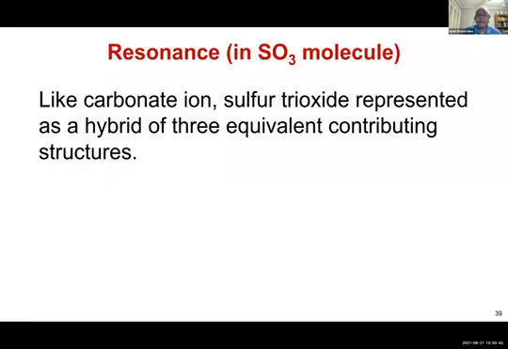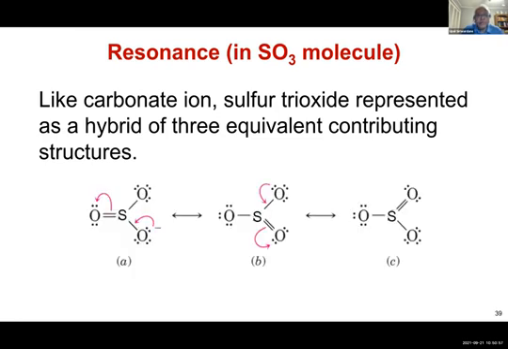Sulfur trioxide molecule, like carbonate ion, has 24 electrons, represented as a resonance hybrid of 3 equivalent contributing structures. When you look at the double arrow and curved arrow, the double bond in structure A is redistributed to a double bond in B using the curved arrows.